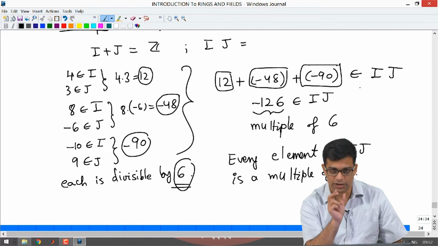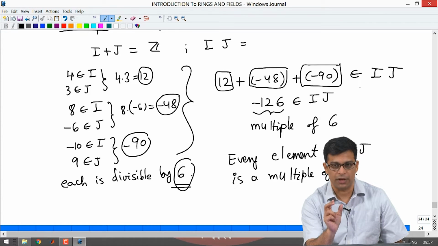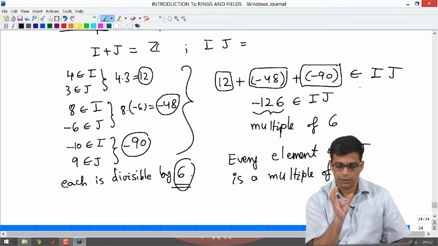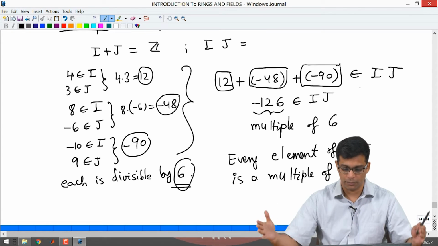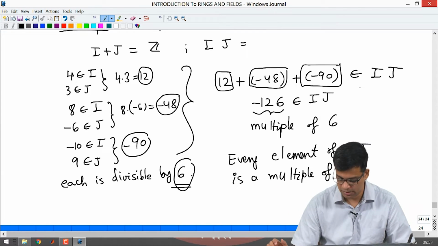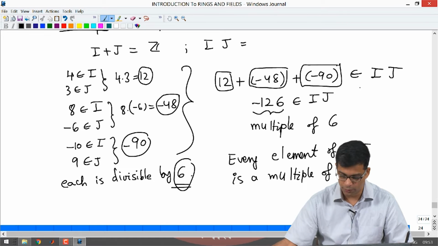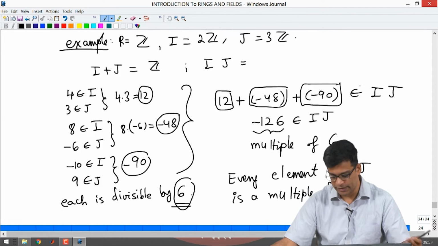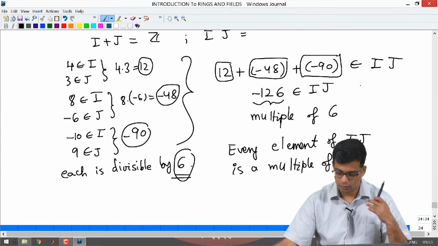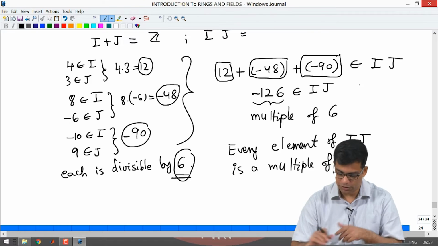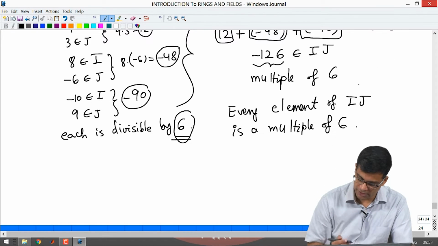Each such product comes from something in I times something in J. Something in I is a multiple of 2, something in J is a multiple of 3. So, their product is a multiple of 6. So, you have a sum of some finitely many multiples of 6. So, their sum is also a multiple of 6. So, IJ contains only multiples of 6. Every element of IJ is a multiple of 6.